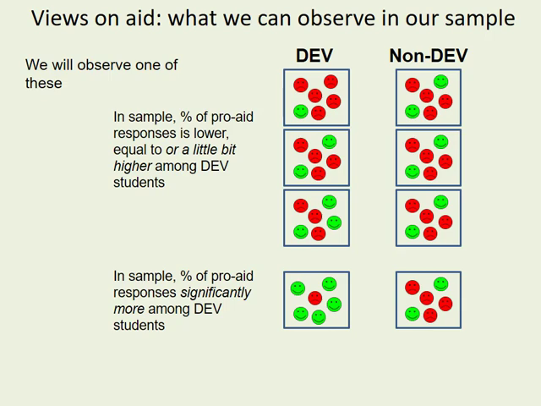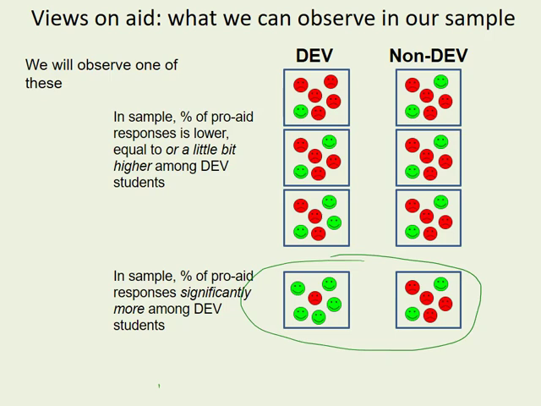So you could see a sample like this, so that's more pro-aid than the non-dev, or you could see a sample like this, a sample like this, and a sample like this. So in each case, that's one possible pair of samples. So you could see that, or you might see that, or that, or that.